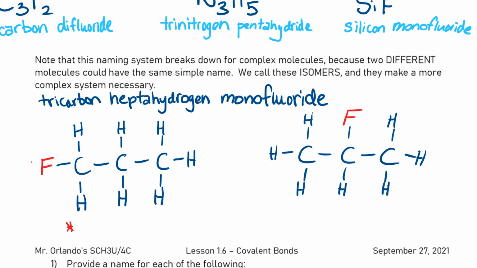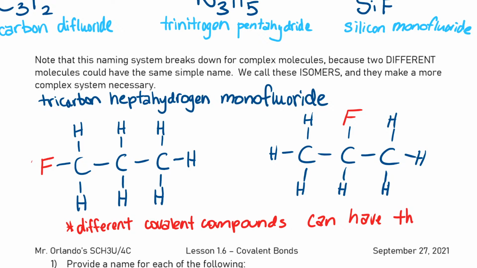So different covalent compounds can have the same formulas. And we call these isomers. Isomers. Different versions of the same covalent compound. You don't have to worry about it too much right now. Just be aware that it's a thing that exists.